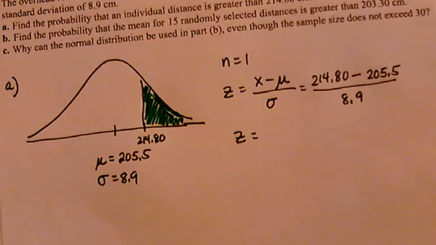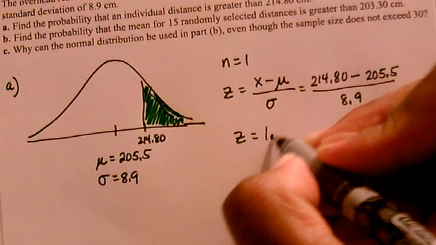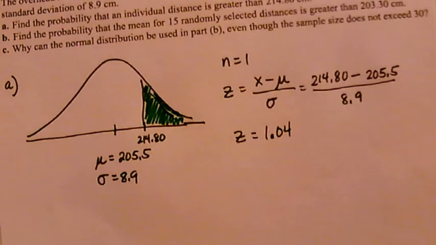So that means that your z-score, if you do 214.80 minus 205.5 and divide that by 8.9, you're going to get 1.04. And we always round the z-scores to 2 decimal places, if you recall.